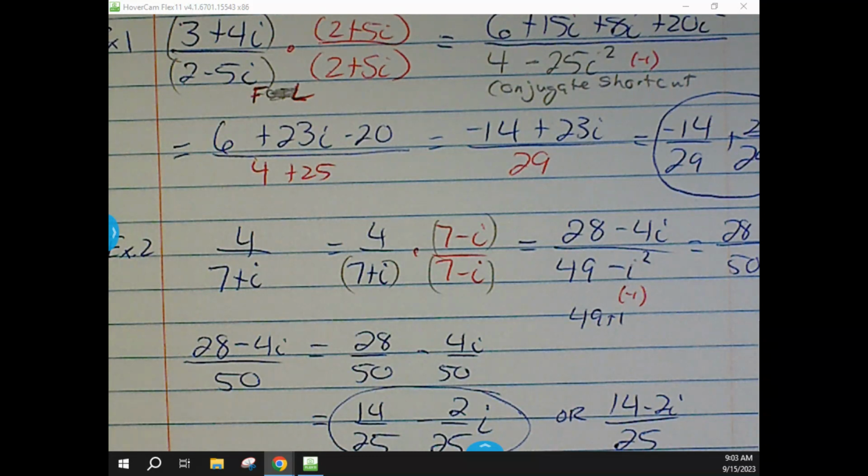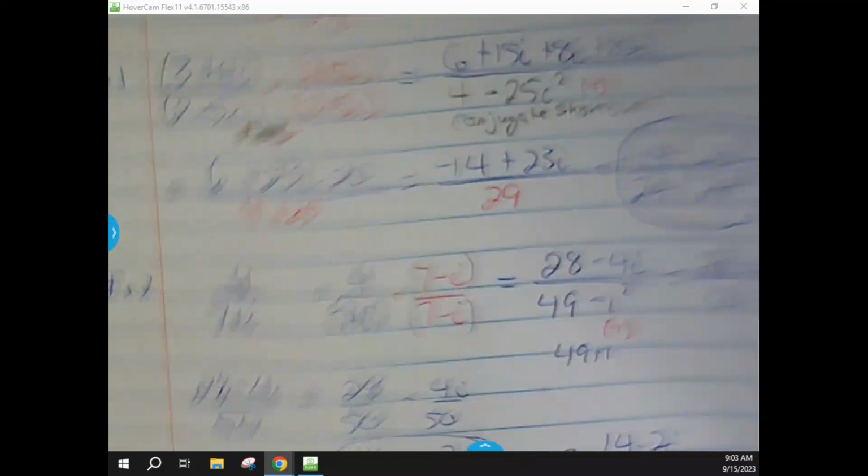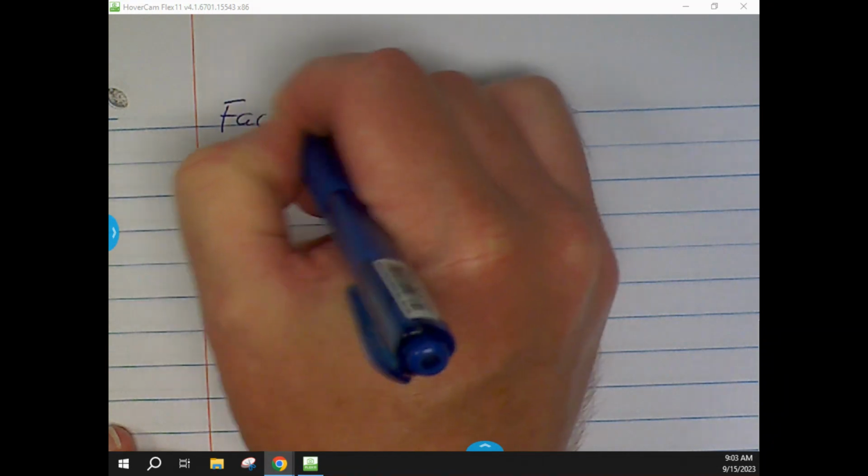Okay, now here's where we get a bunch of random little things that they throw at you at the back end of this one. They may ask you to factor.